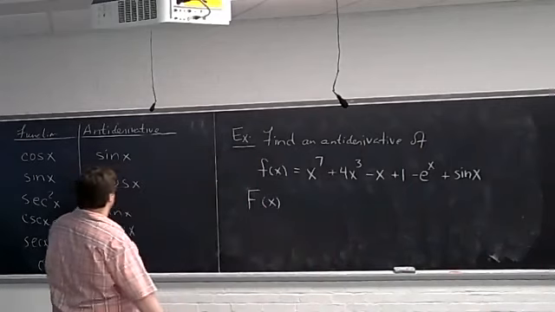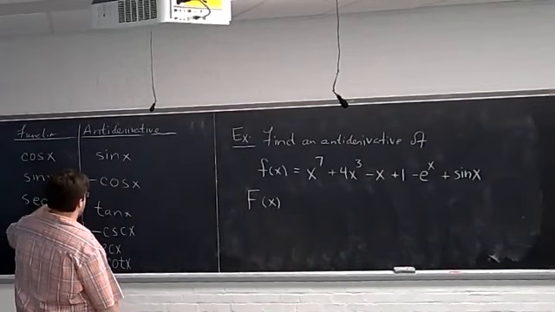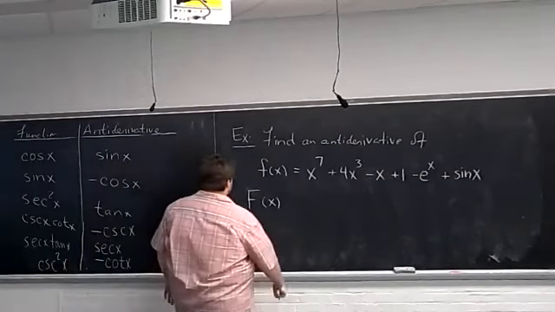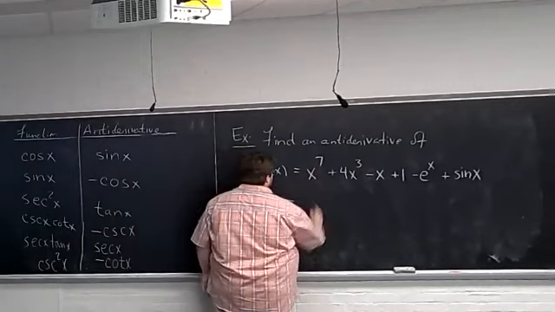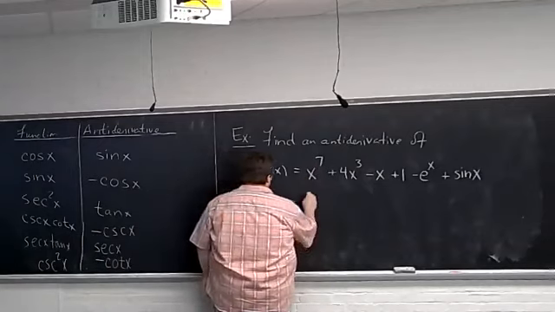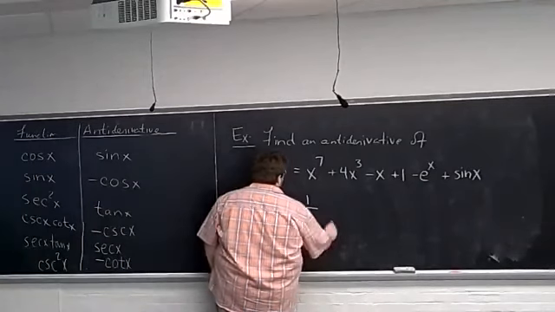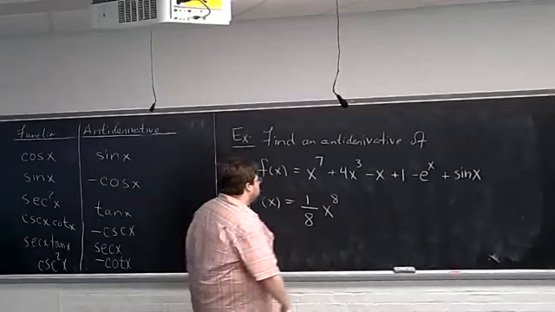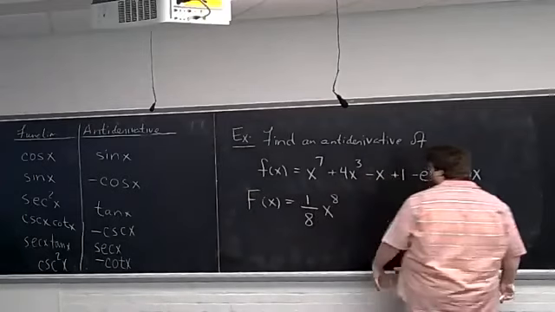The first 5 use rules 1 through 3. First one uses our power rule. Add 1 to the exponent, you get 8, and divide, which makes it 1/8 x to the 8th. For the next piece, we do the same thing.